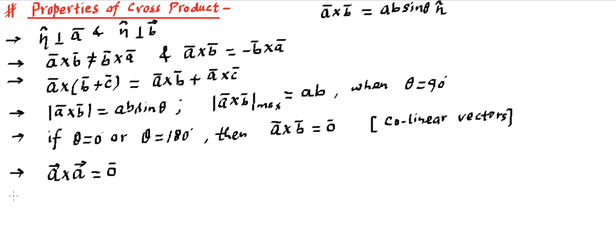Using this property, we can talk about how i cap, j cap, k cap behave. If we go for i cap cross i cap, we are doing the cross product of two collinear vectors, which is going to be a null vector. Similarly, j cap cross j cap is going to be the 0 vector, and k cap cross k cap again gives a null vector.